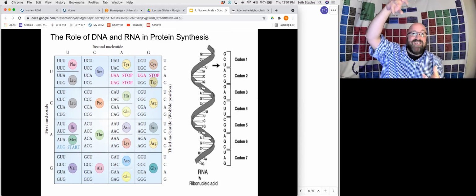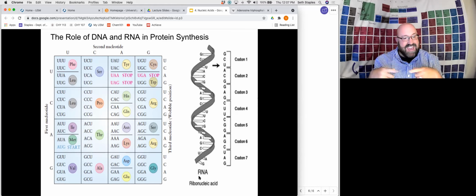Part of that will unzip and copy into the RNA structure for that particular section. That RNA structure is then carried through to different types of RNA and then finally to the ribosome.